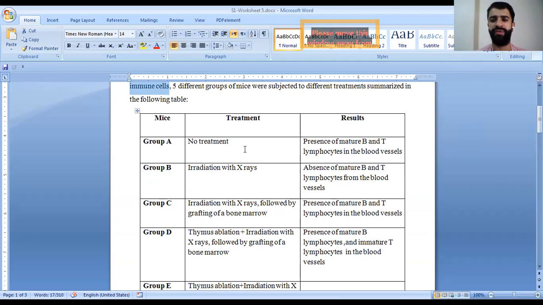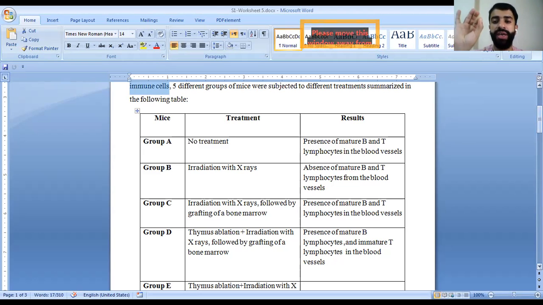What is the role of this? It's called control group. Why? Because it's used to compare and explain the different results. Whenever we have an experiment and we have a group with no variation, with no treatment, we bring the mice and we see the result, what will happen to them. This is called a control experiment used to compare, and you have to study this.